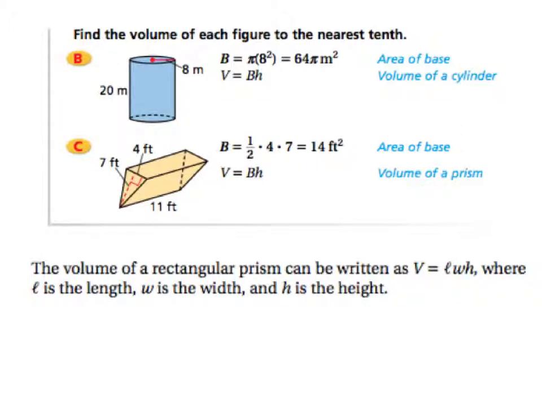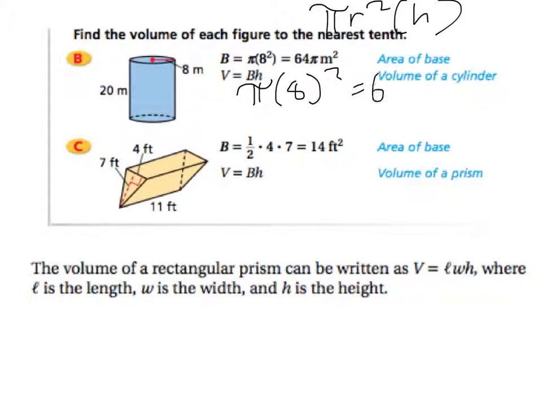Now for letter B, we're going to find the volume of a cylinder. Remember, the volume of a cylinder is pi r squared times height. So we have to first find out what the base is. The base is going to be pi r squared. So pi times 8 squared, that's 64 pi meters squared. So volume is equal to base times height. So we do 64 pi times the height, which is 20.